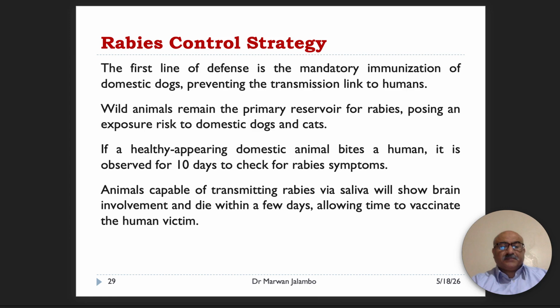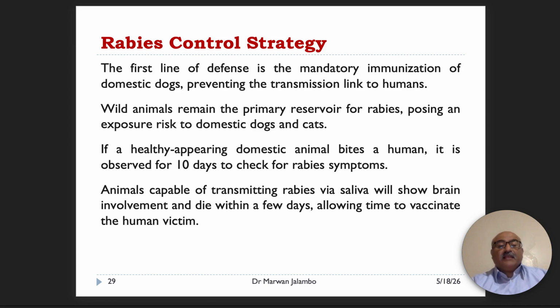Rabies virus affects the brain before being secreted in saliva, so an animal capable of transmitting the virus will already show symptoms and die within a few days. That gives us sufficient time to give the bitten person the life-saving series of vaccinations.